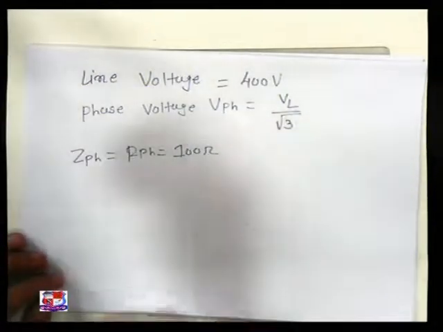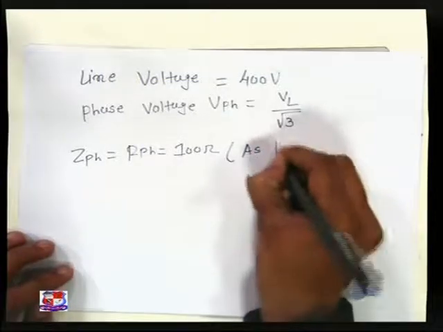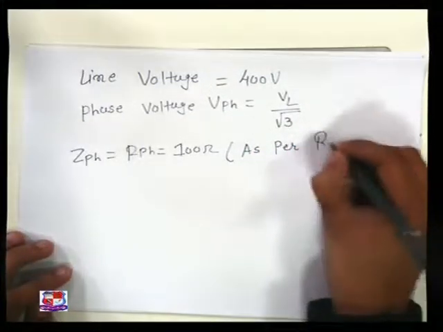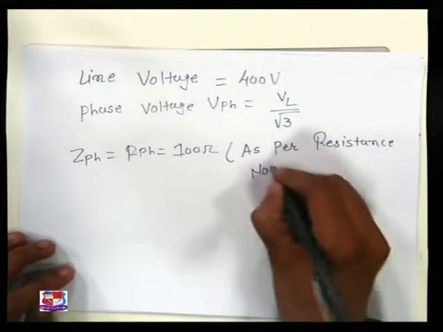Everyone has to read the example many times, because each and every word in our example is very important. If you read it carefully 3 to 5 times, you can get what value is given in the example and what value is to be found. Because the resistance is non-inductive in our example.